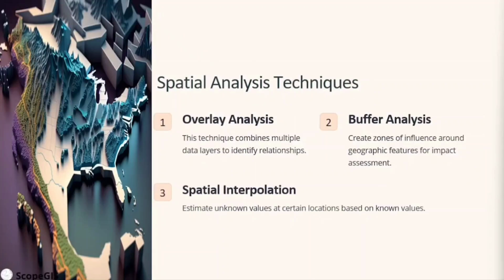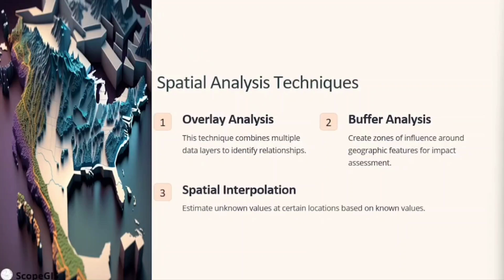So for spatial interpolation, it's basically estimating unknown values at certain locations based on values that have been obtained within that area. So let's say you're estimating rainfall distribution, and you have rainfall data that has been collected from several weather stations within a specific region.